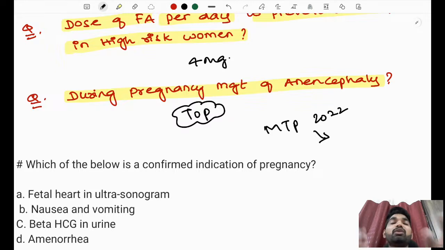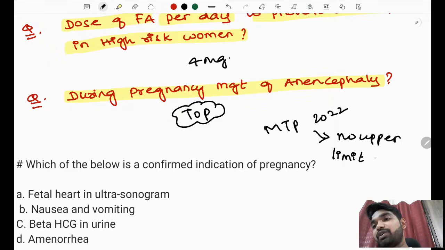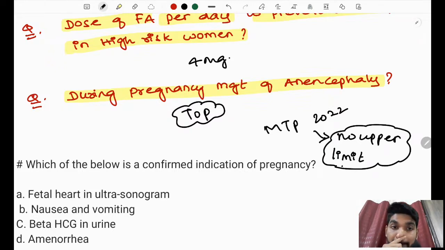There is nothing called 20, 24. Irrespective of the period of gestation, you can terminate. Anencephaly babies die immediately after birth, so it is best to terminate the pregnancy.